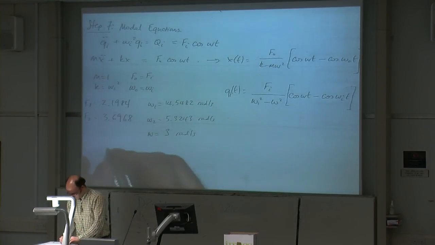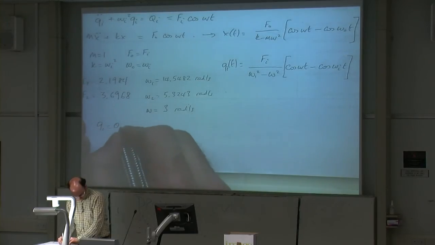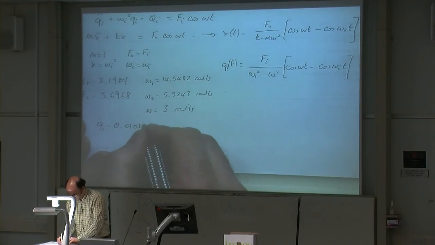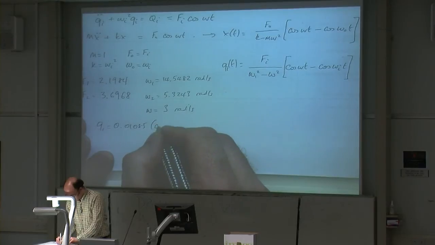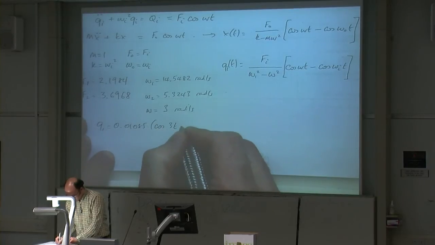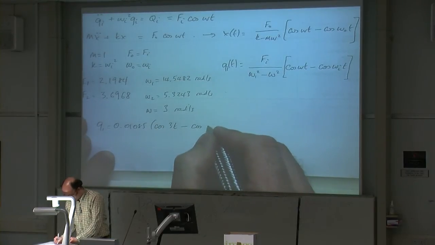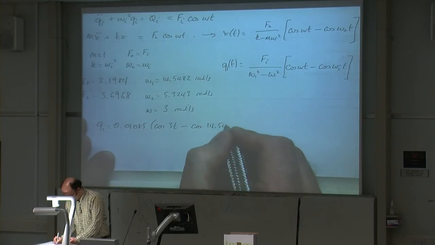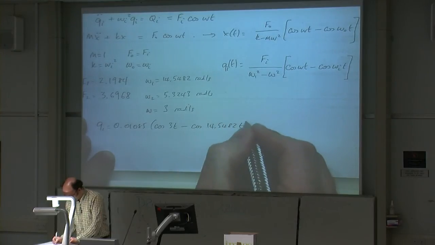And those equations are, q1, if you do the sums, you get 0.01085 times cosine of 3t minus cosine of 14.5482t.